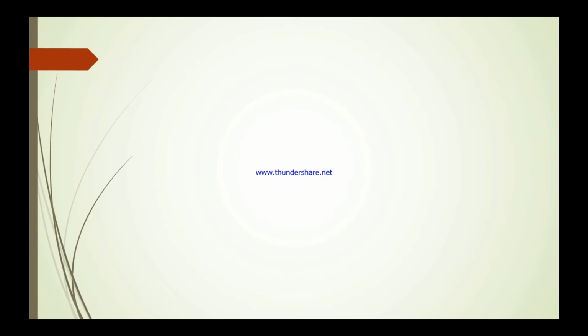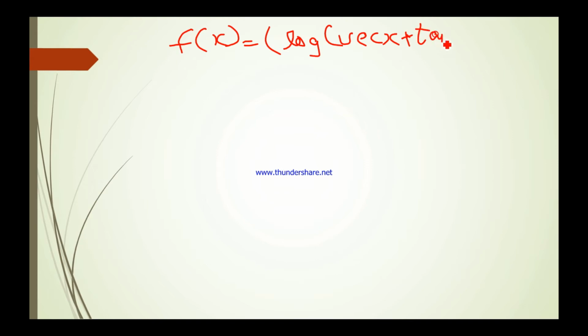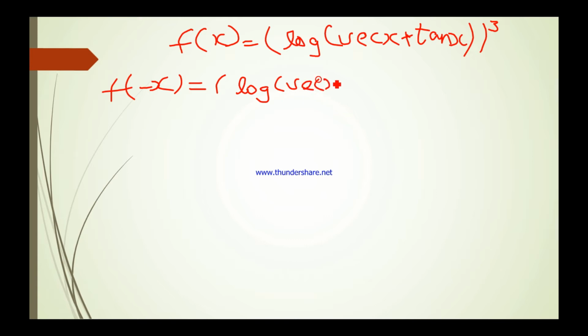So it's given that f of x is log of (sec x plus tan x) the whole cube. So we need to find what is f of minus x. F of minus x will be log of (sec x minus tan x) the whole cube.